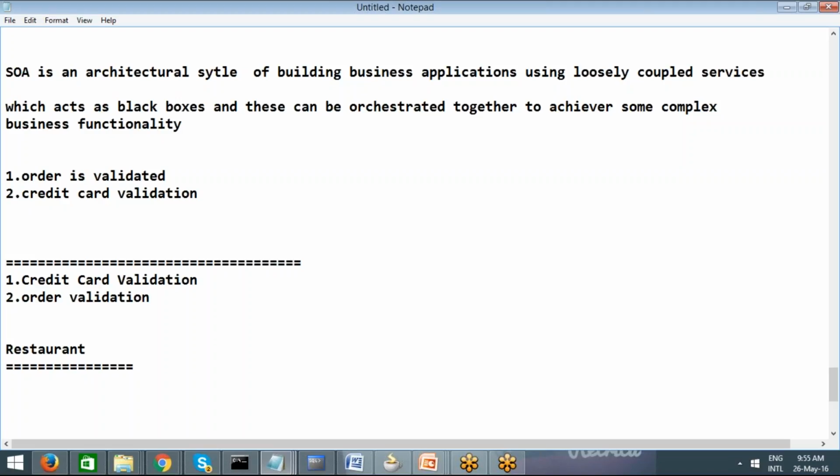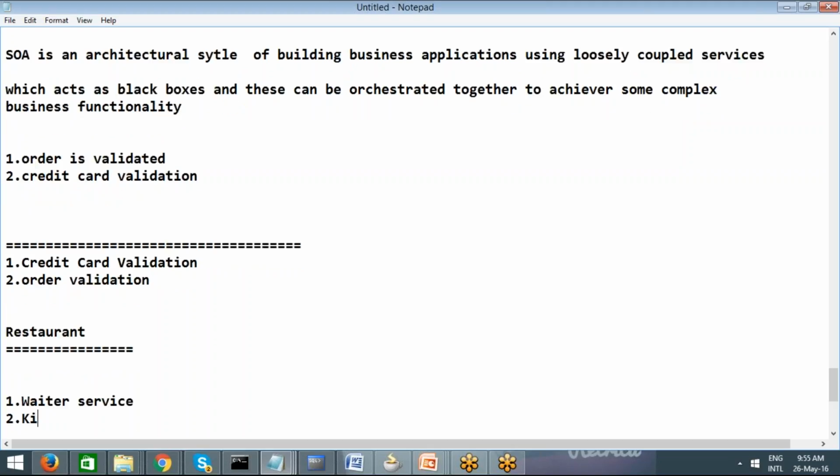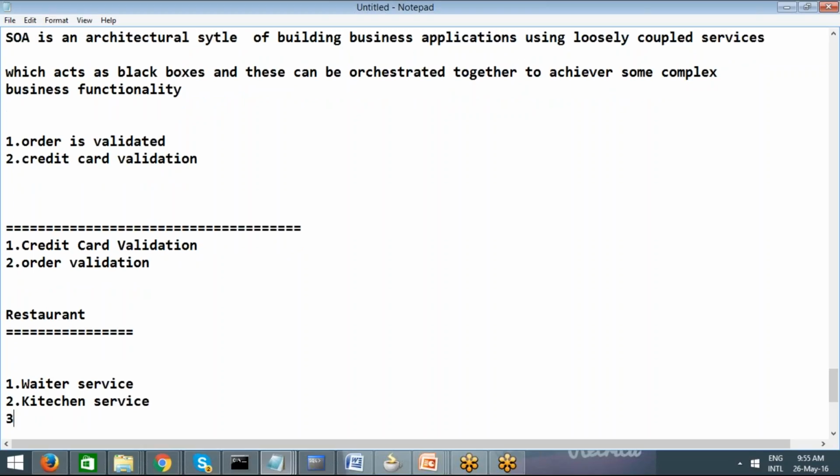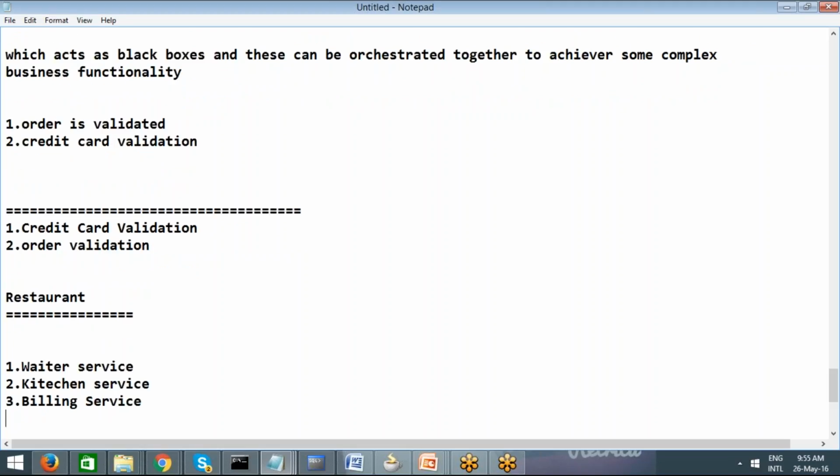For example, in a restaurant, let's say there is a waiter service, there is a kitchen service, and there is a billing service. Let's say these are the three services. Now when you visit different stores or different restaurants, you might observe these are used in different order.